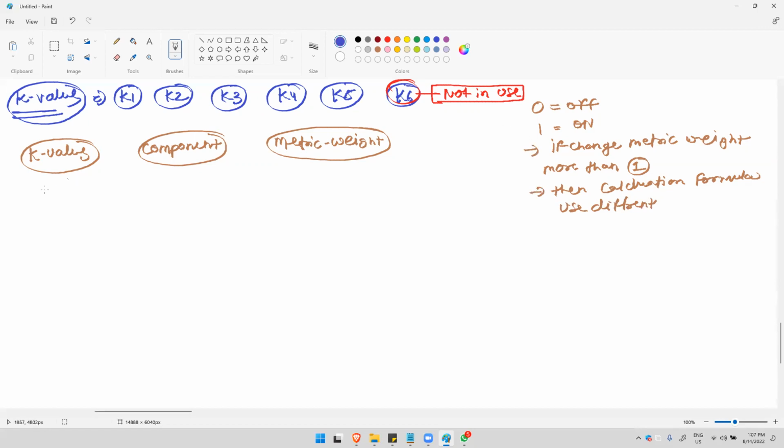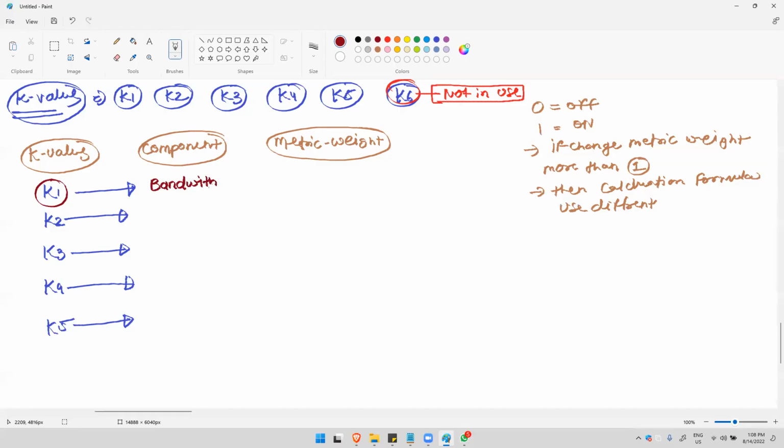Now one more thing: K1, K2, K3, K4, and K5. K1 is bandwidth.